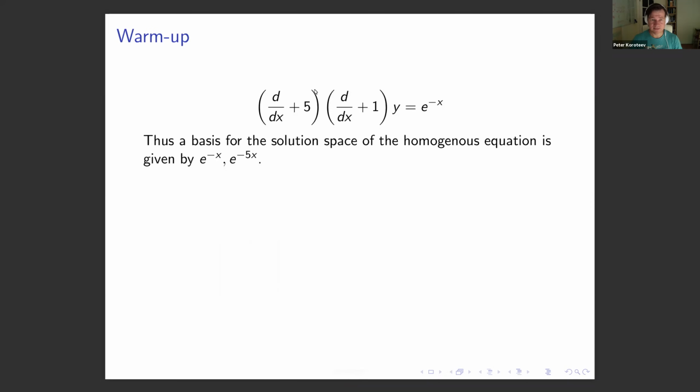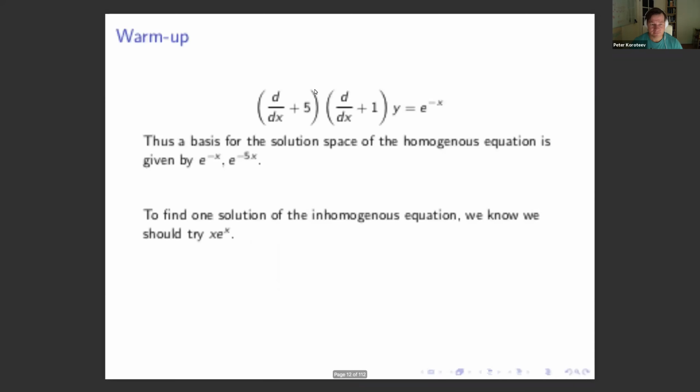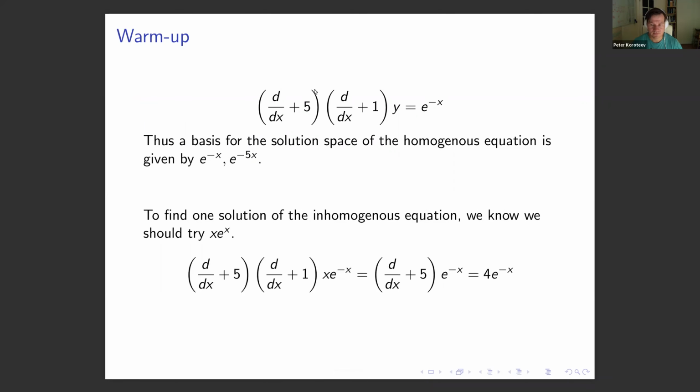Thus, a basis for the solution space of the homogeneous equation is given by e to the negative x and e to the negative 5x. In order to find one solution, we should try x e to the negative x, right? So if you act with this composition of operators on x e to the negative x, we get d over dx plus 5 acting on e to the negative x.